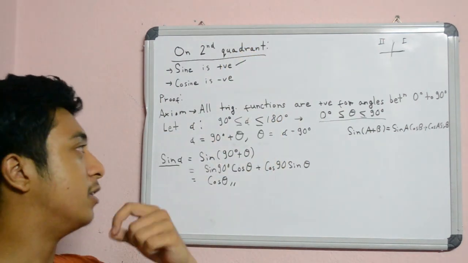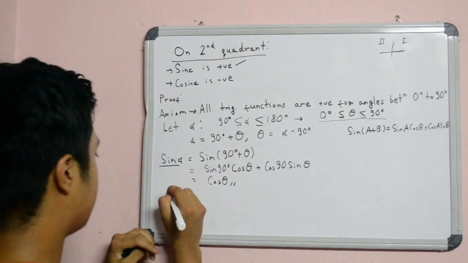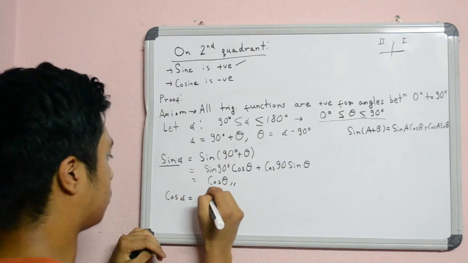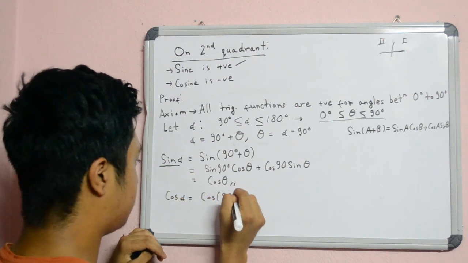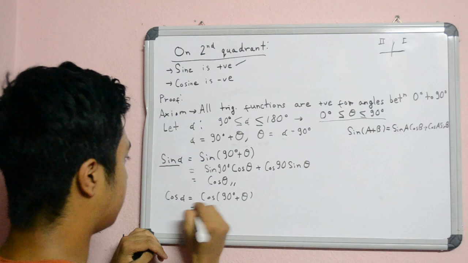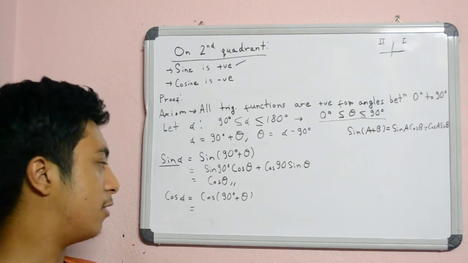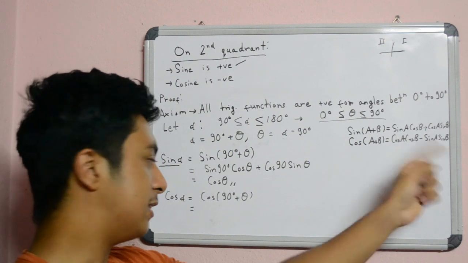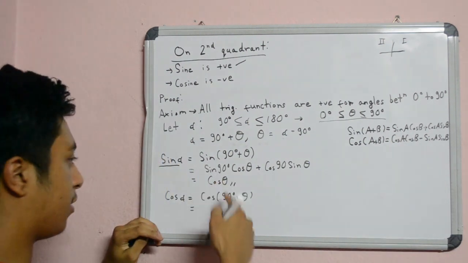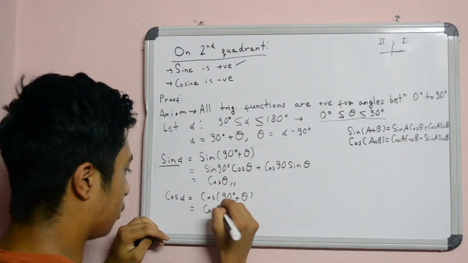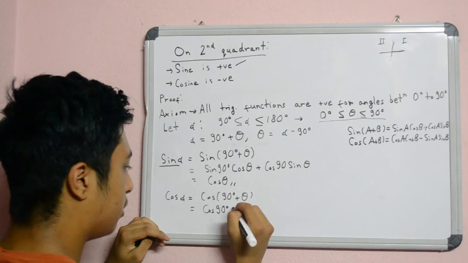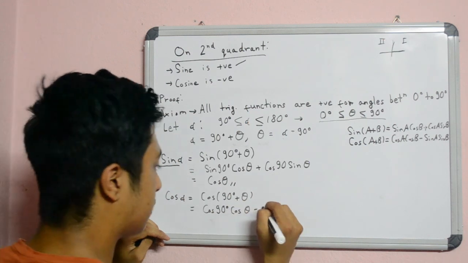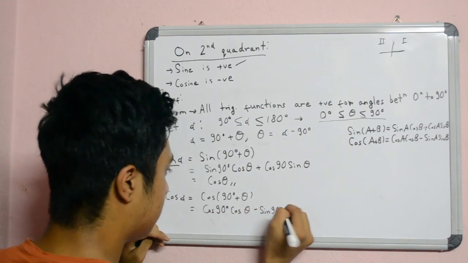Now we can do a similar thing for cosine. So cos alpha equals cos of 90 plus theta, and here you can apply the formula for cos of a plus b, which is cos a cos b minus sine a sine b. Similarly, this will be cos 90 cos theta minus sine 90 sine theta.